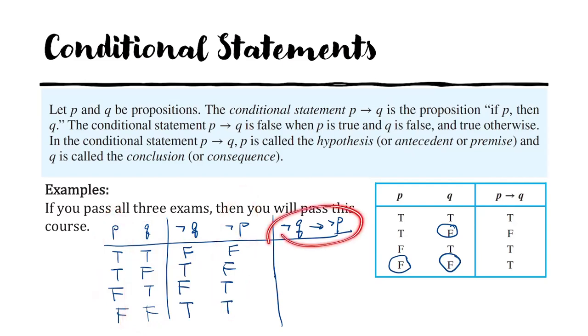Now with the implication, it's only false when P is true, when the hypothesis is true and the conclusion is false. So we know not Q implies not P is only false when not Q is true and not P is false. So that's here.